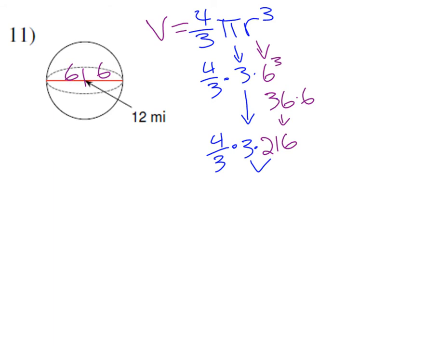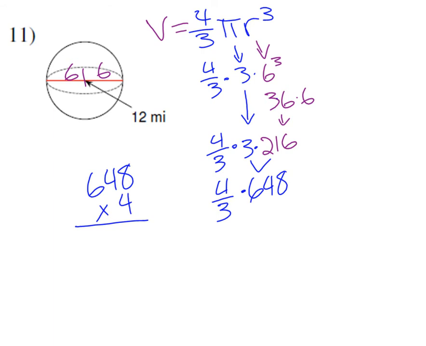So 3 times 216 is 648. And we have 648 times 4. Because 6 times 6 is 36 times 6 more.